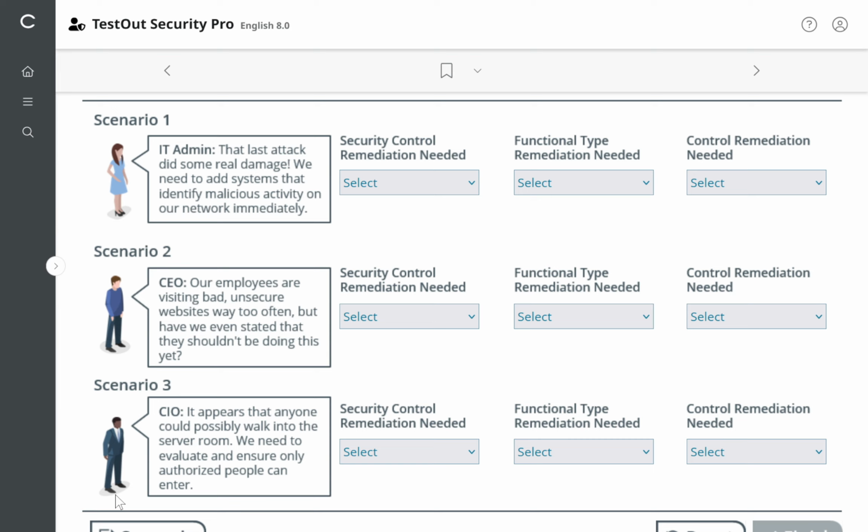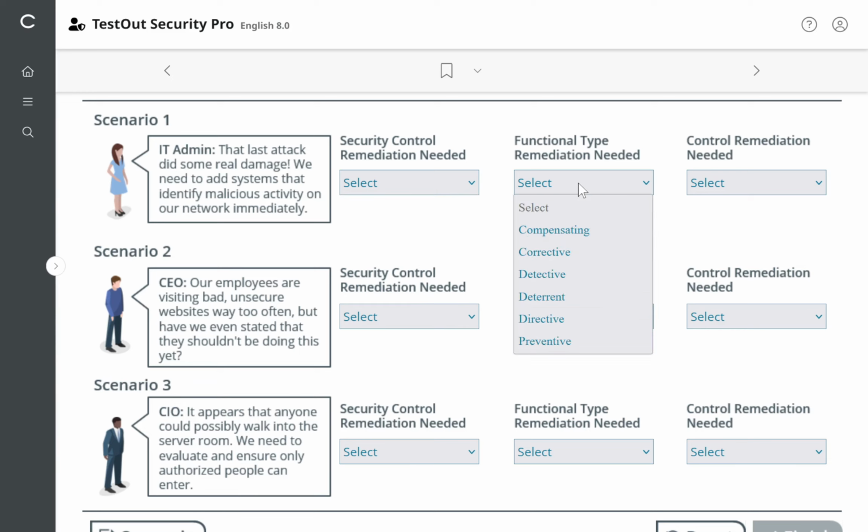So remember, when we are looking at security controls, we have various security control categories, and also we have various functional type security controls. So if you look at categories here, we have managerial, operational, physical, and technical.